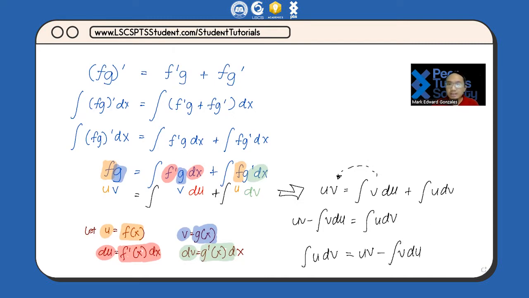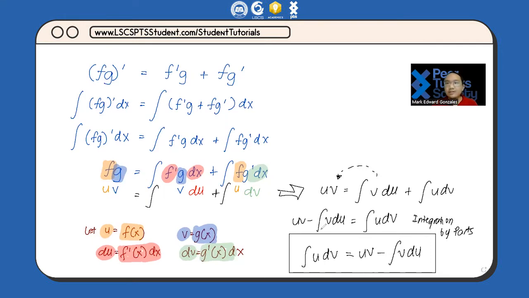This is the formula for integration by parts. Again, the formula for integration by parts is given by the integral of u dv is equal to uv minus the integral of v du. It sounds like a tongue twister, but let's admit it, it's rather cute and perhaps a little memorable. Again, the integral of u dv is equal to uv minus the integral of v du.